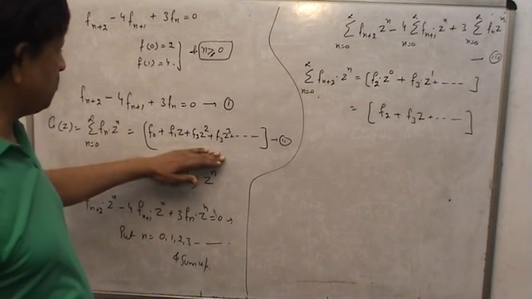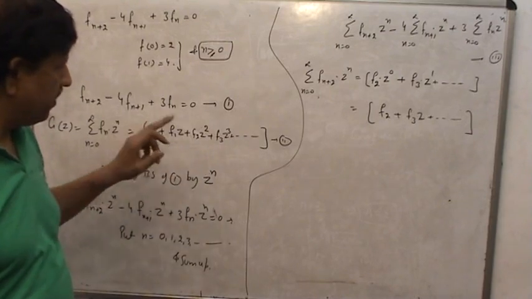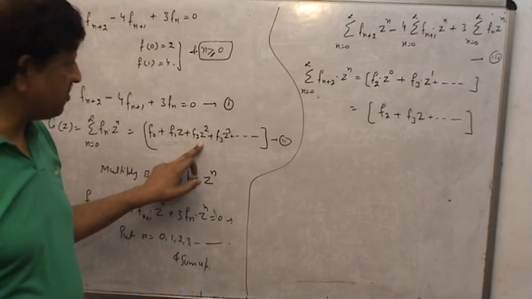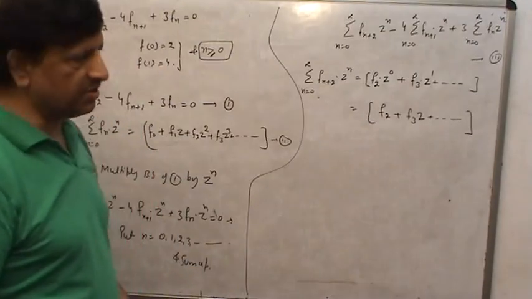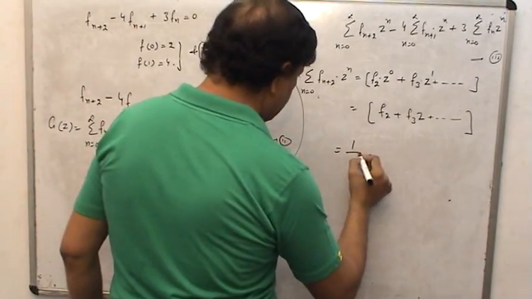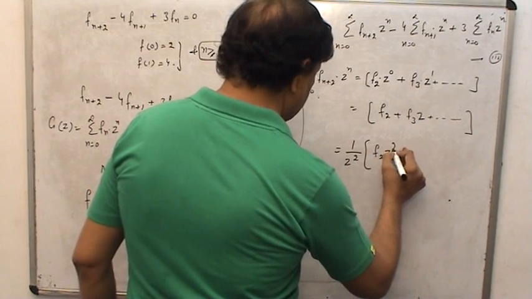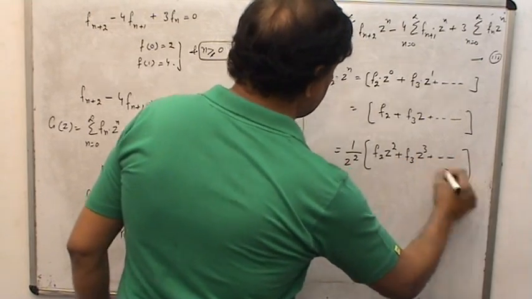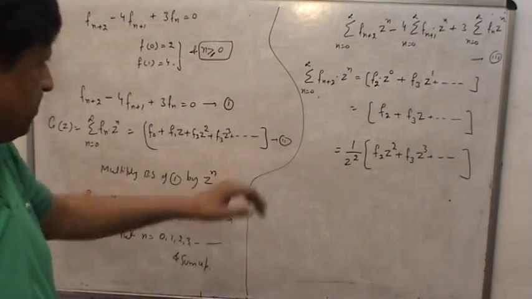The situation is totally different from the previous problem. Here f2 is alone, but in the generating function f2 comes with z square and f3 with z cube. Now in spite of taking the common factor, we multiply and divide by z square, giving f2 z square plus f3 z cube. That is the difference between the previous solutions and this.